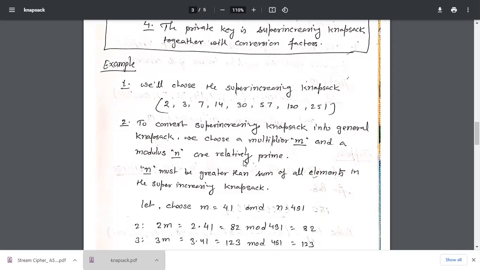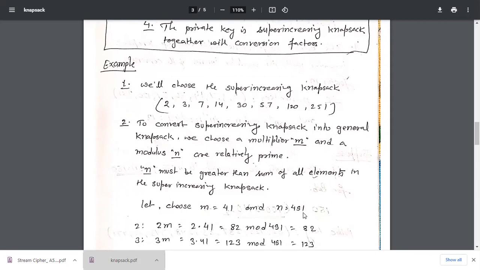So let's choose m equal to 41. And for n, first we need to add these values, and then we can choose any value that is relatively prime to m. So n is chosen as 491.